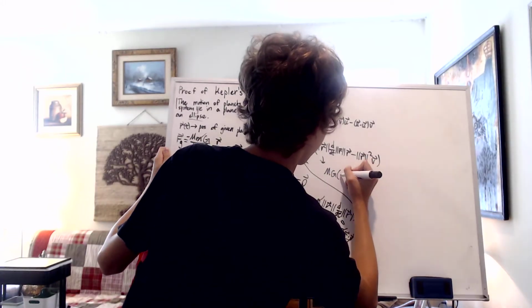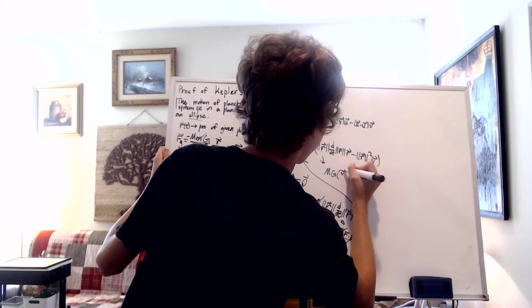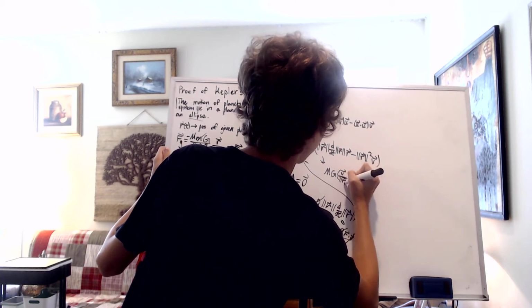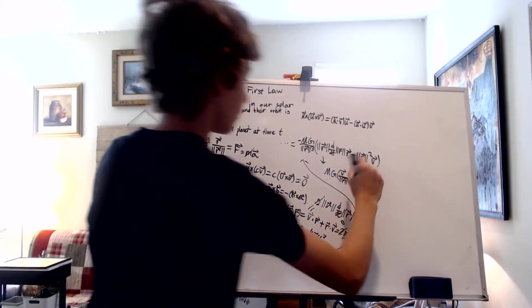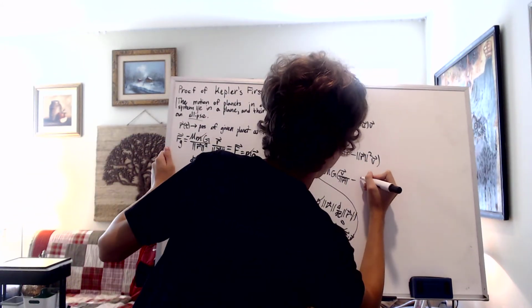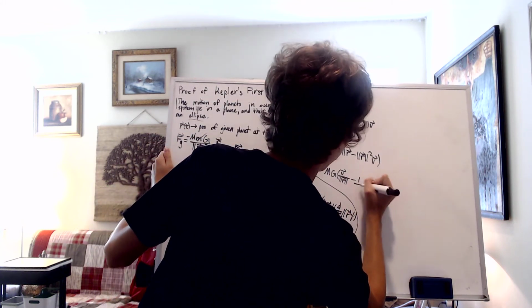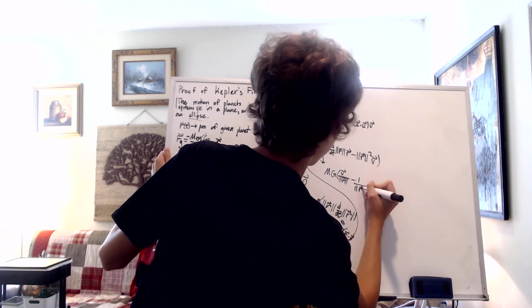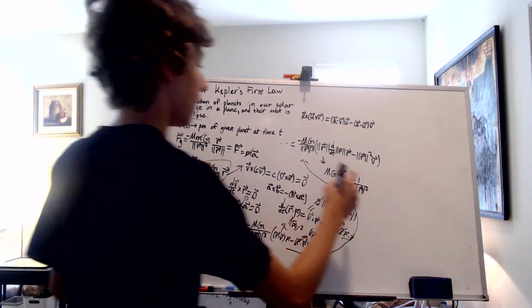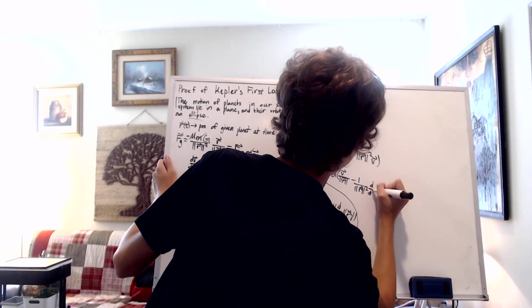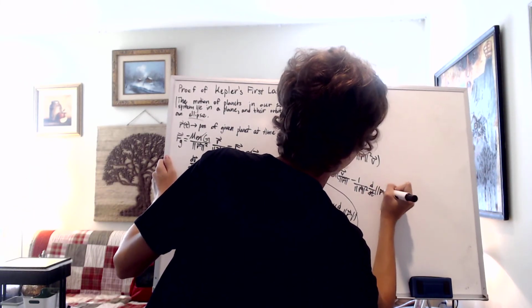We just have v over magnitude of r, and then minus, let's see, how do we want to write this? 1 over magnitude of r squared d dt magnitude of r.